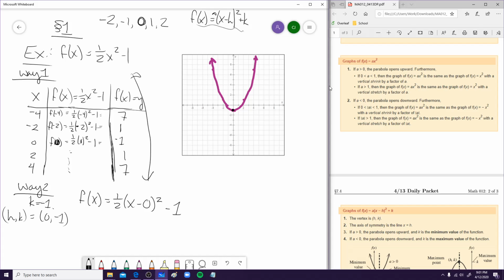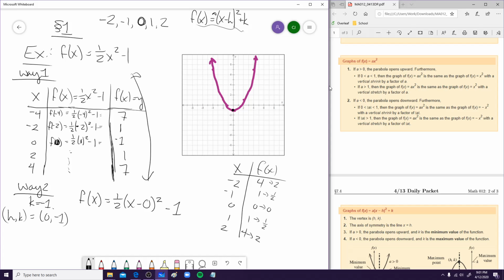So what do you do with this? First you would need your parent graph values. Okay, I'm still going to do this 5. So for -2, because a is 1/2, what you're going to do is half this. So this becomes 2, this becomes 1/2, this becomes 0 divided by 2, which is still 0, this is 1/2, and this is 2, right?